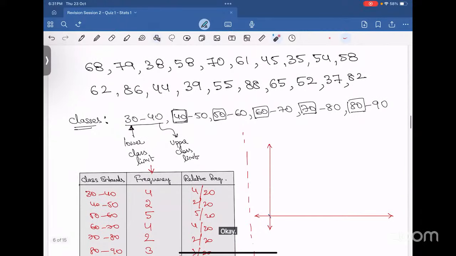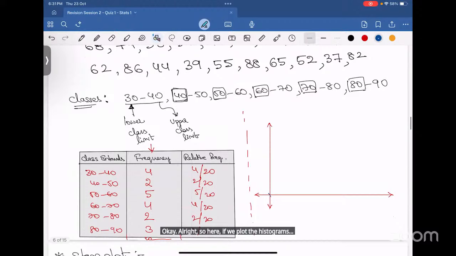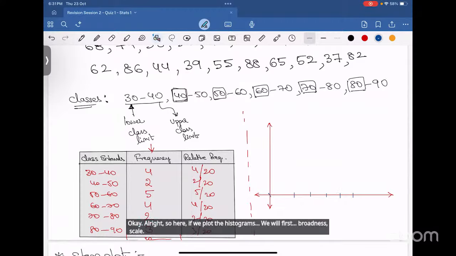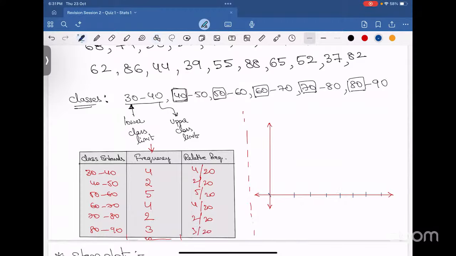All right. So here, if we plot the histogram, we will first plot this scale. Right. So this is 30, 40, 50, 60, 70, 80, and 90. Now the rectangle width will be the class interval length.